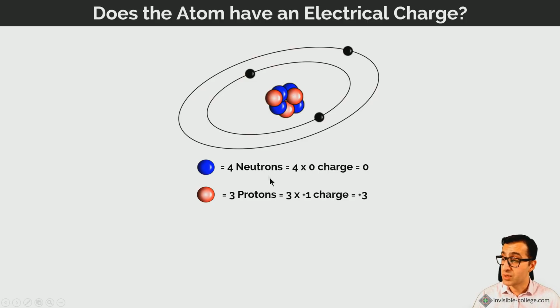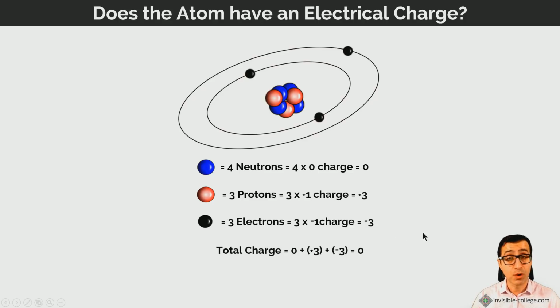We have 3 protons, each of which has 1 positive unit of atomic charge, and so we have a total of 3 positive units of charge, and we have 3 electrons, each of which contributes 1 negative atomic unit of charge, and so if we add all of these together, we get 0 overall. And so this lithium atom, like all atoms, is electrically neutral.